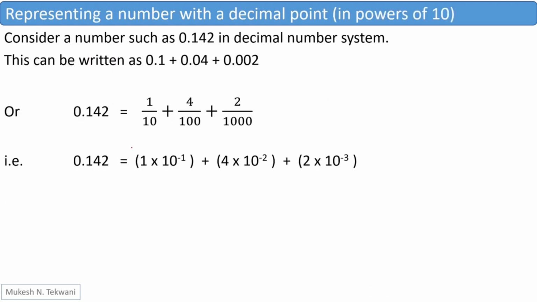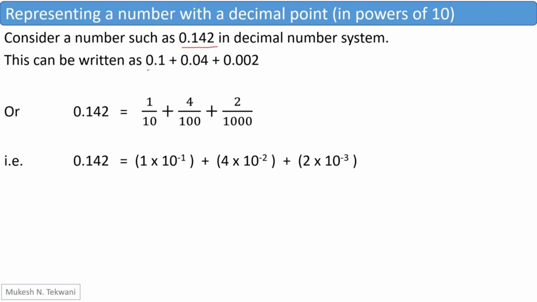Let us now take up an example of what happens with fractional decimal numbers which have a value less than 10. Now let us consider a number such as 0.142 in the decimal system. Now this number can be broken up as a sum of 3 parts.